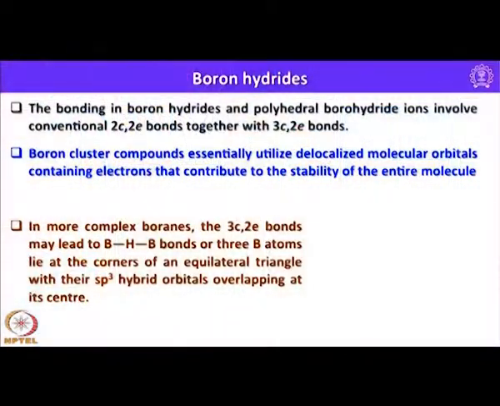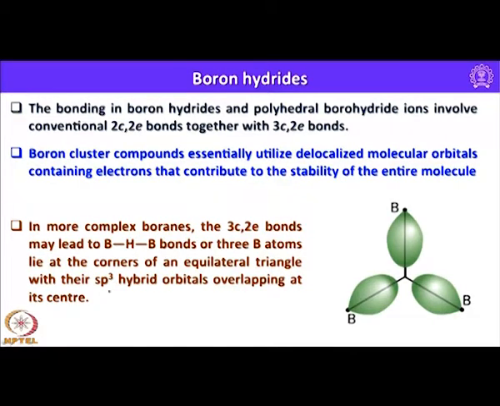So, in more complex boranes, 3 center 2 electron bonds may lead to a BHB bond, as I had mentioned, or 3 boron atoms lie at the corners of an equilateral triangle with their sp3 hybrid orbitals overlapping at its center. Let me show you that in this diagram.